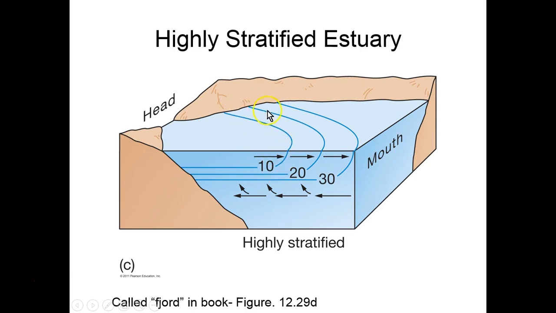So this is all salinity 10, this is all salinity 20, this is all salinity 30. Okay, so we go from right here, which is 10 parts per thousand, and then you go down and you get to 20 parts per thousand, then you get to 30 parts per thousand. Okay, so that is highly stratified, meaning that there are specific layers of salinity or also of density. And this would occur in a fjord, and so your book actually calls it a fjord estuary.